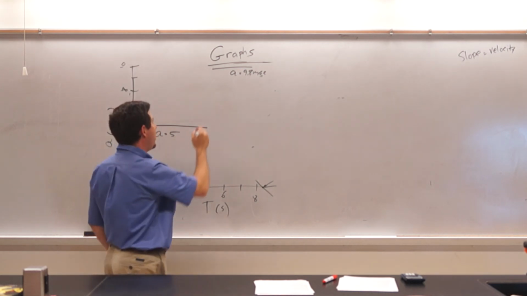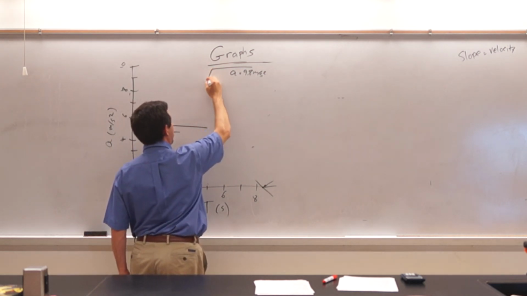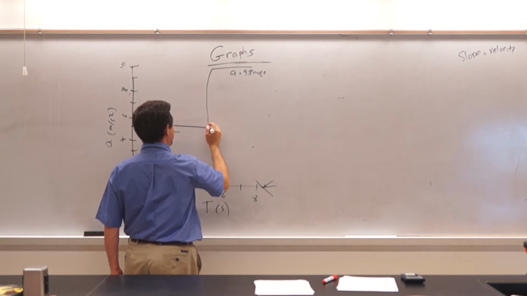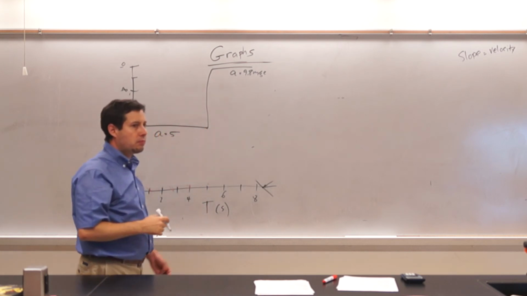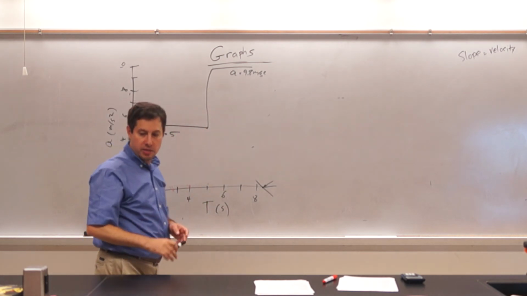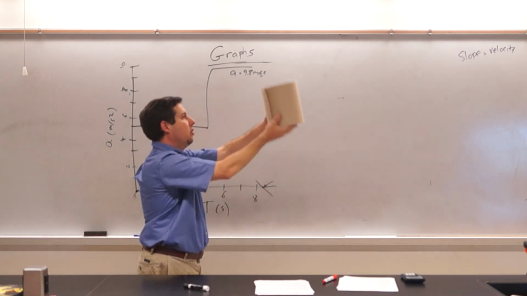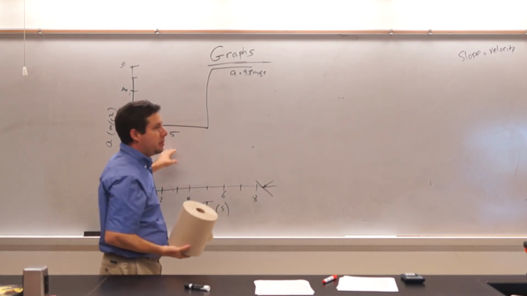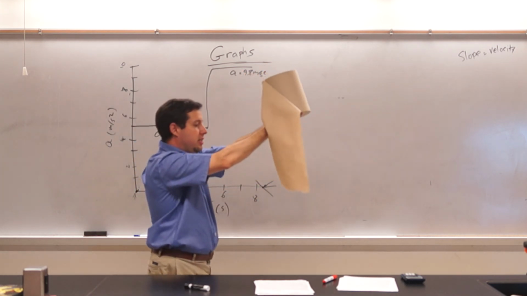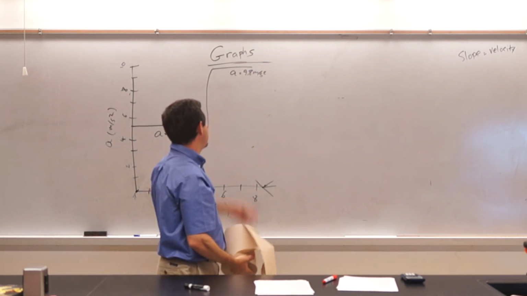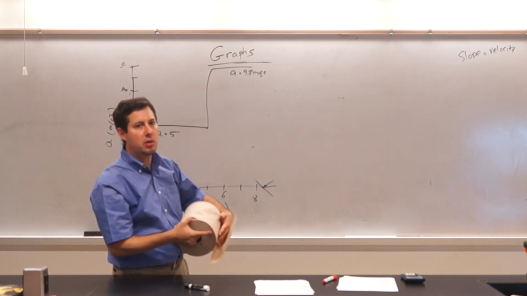And it's probably even possible to join these together with a very quick change in acceleration. So let's say something is falling, accelerating downwards, but I'm resisting it at least a little bit. Its acceleration might be 5 meters per second squared, but then as soon as it falls, its acceleration is 9.8 meters per second squared.